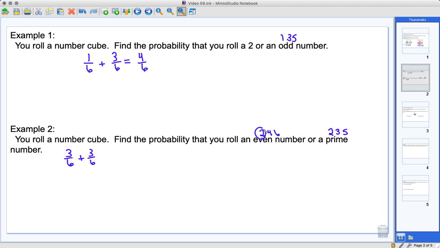Now, 2 happens to be in both pieces, so we have to subtract 1 out of 6. So 3 plus 3 is 6, minus 1 is 5. So we get 5 out of 6. So that's mutually exclusive versus overlapping.